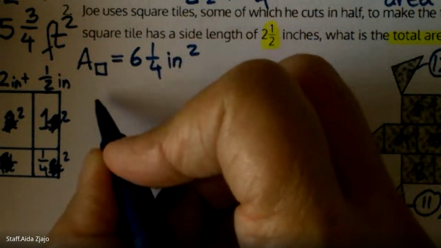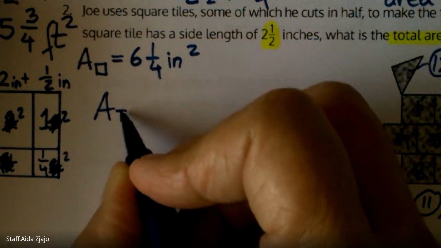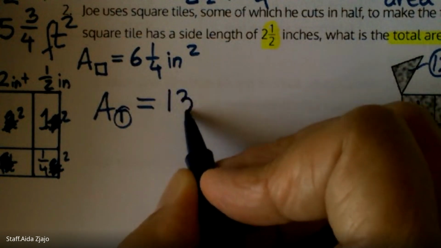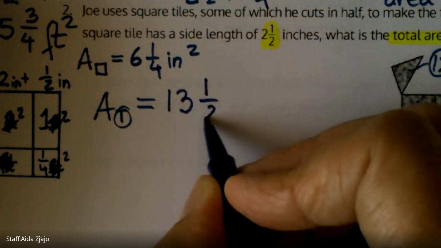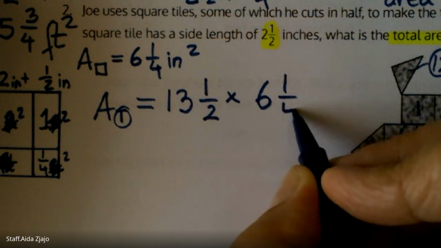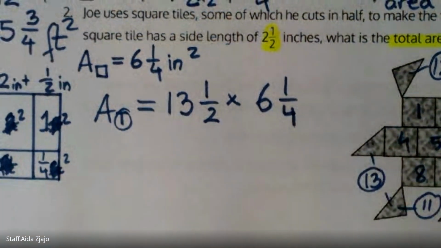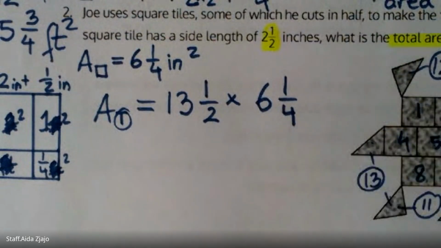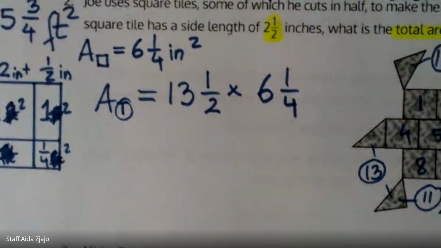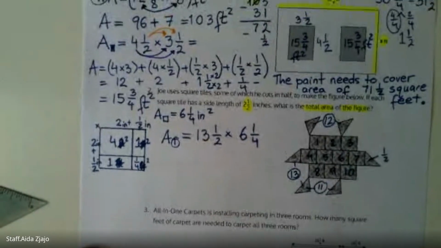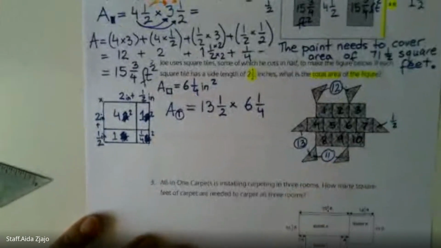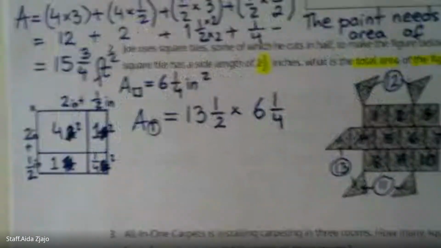So total area, T for total, equals 13.5 times 6 and 1/4. Also it is inches squared. I don't know why I'm always saying feet, because we did work with feet in a previous problem, and then I stuck with that unit.